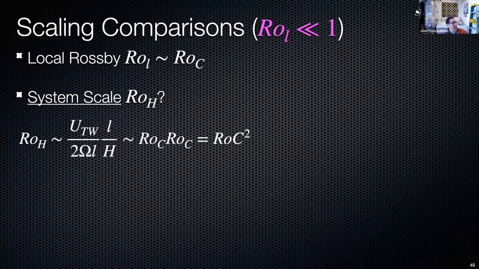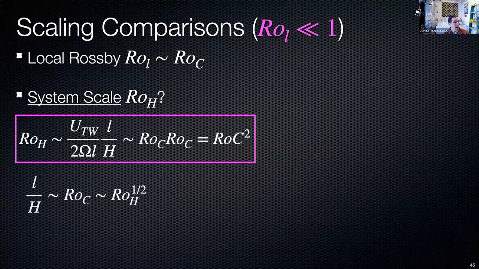If we take Ro_H, that would just be the local Rossby number multiplied by L over H, and we'll come up with a large scale Rossby number. In the rapidly rotating limit, U thermal wind over 2 omega L is the local Rossby number, which is Ro_C, right? We're saying that those are comparable. And then L over H is Ro_C as well. So then the system scale Rossby number is proportional to the convective Rossby squared.